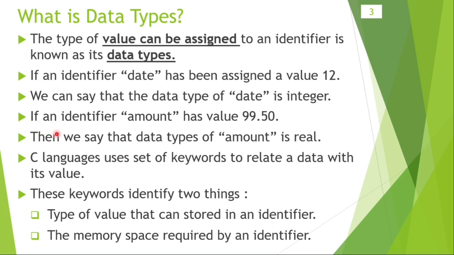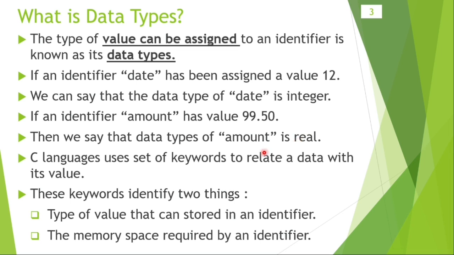If an identifier amount has the value 99.50, what is it identified as? It is not an integer. So we say that the data type of amount is a real data type. Understand that real data type means real numbers.